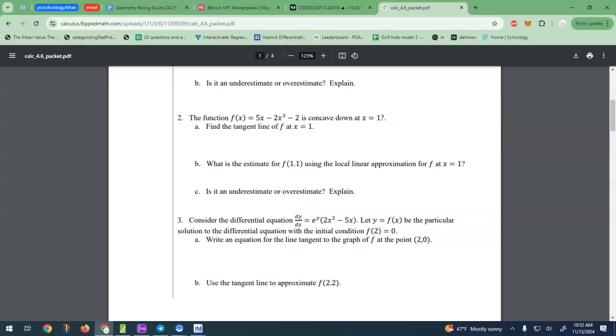So x is 1, so x goes here. What goes here is f of 1. What goes there is f prime of 1. F of 1 would be 5, I can't tell, is that plus or minus? It's a minus, so 5 minus 2 is 3, 3 minus 2, so that would be 1.